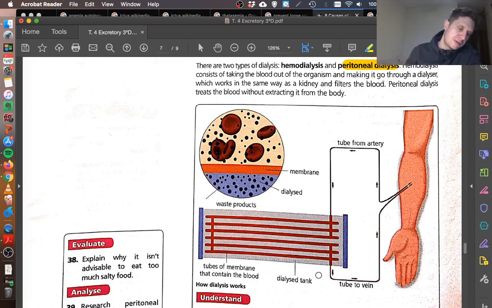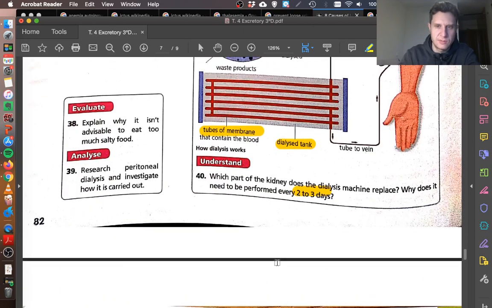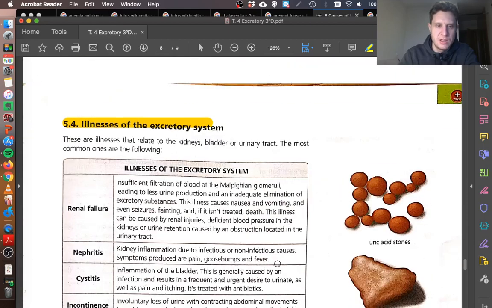And then on the third day you are going to be connected to a dialyzer, and all the toxins are going to be cleaned. So this structure, the dialysis tank, is working as the kidney, and the tubes of the membrane are working as the nephrons, ¿vale? Como las nefronas, funcionan como las nefronas, ¿vale?